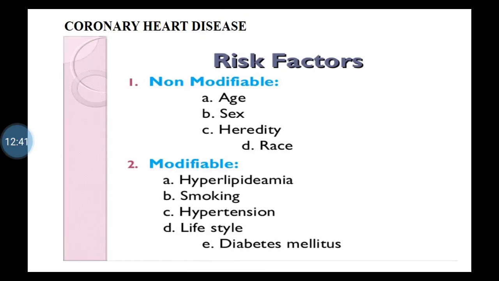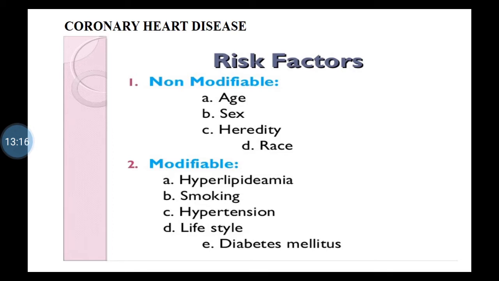Now, this coronary heart disease may be in the form of angina pectoris, that is anginal pain, myocardial infarction, that is heart attack, cardiac failure may be there, or there may be abnormal heart beating also, that is arrhythmias. That may be high heart rate, that is tachycardia, low heart rate, that is bradycardia.